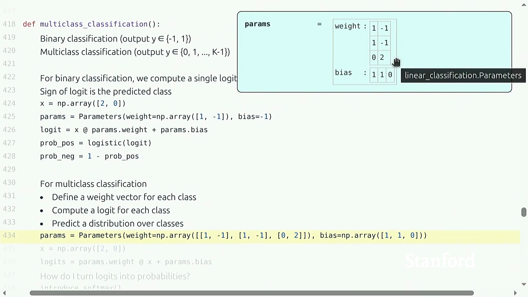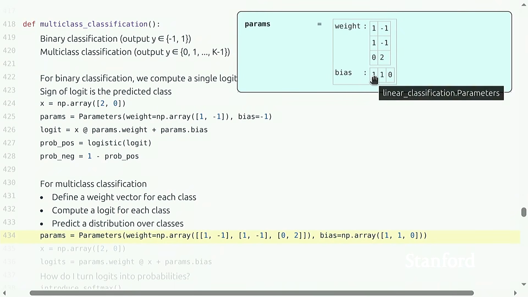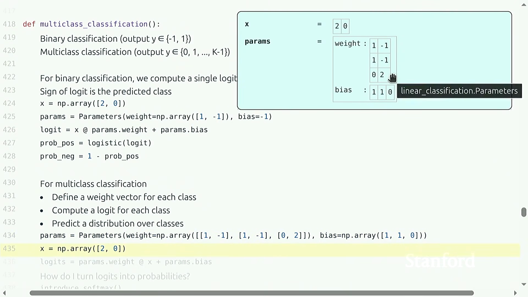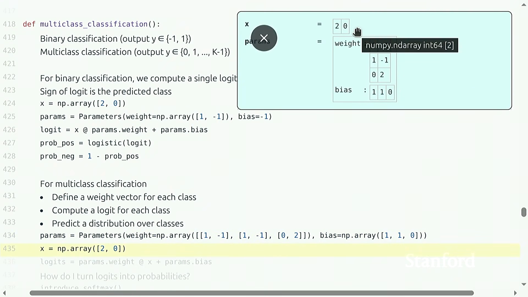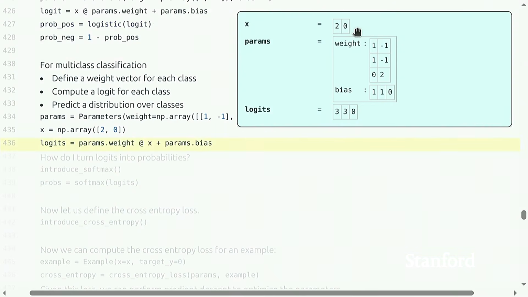Okay, so let's work through this example. Suppose I have 3 classes. So my weight matrix now is going to be a weight vector of dimension 2 for class 0, class 1, and class 2. And the bias is also going to be a bias for each class: class 0, class 1, class 2. And so now I have this input here. I can compute the logits, which is taking x and dotting.